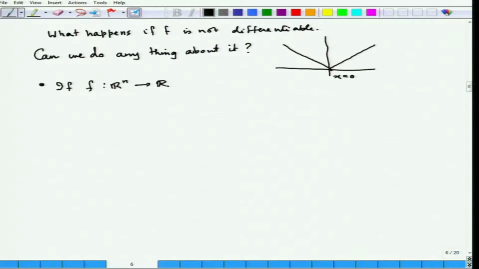So, if f is from R n to R and is convex, then any local minimum is global.